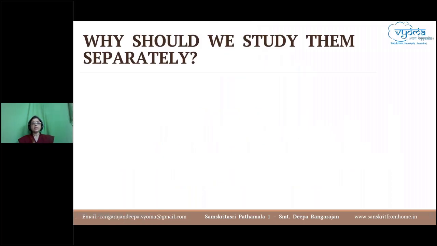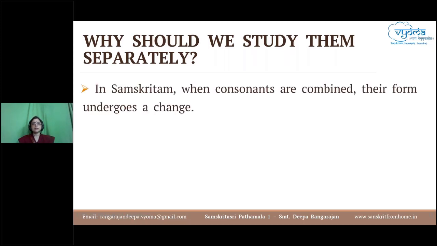So why should we study them separately? Why is it that we won't be able to write a pure consonant with a slanting line below next to each other? In Sanskritam, when consonants are combined, their form undergoes a change, which means that they are not just written with a stroke underneath next to each other.